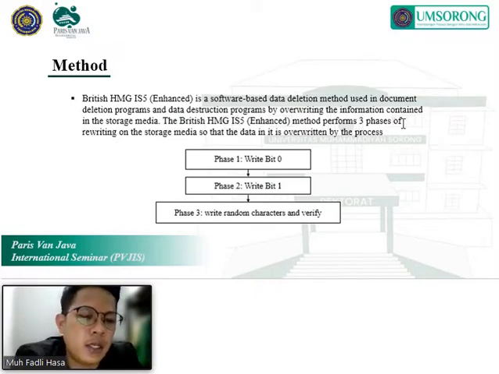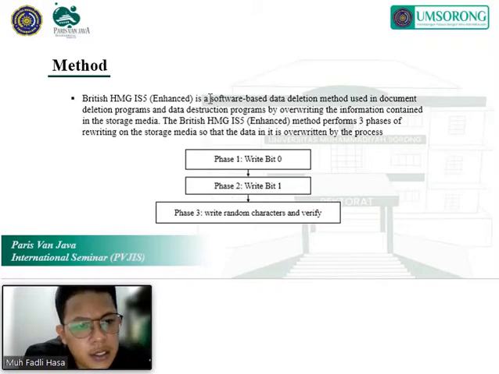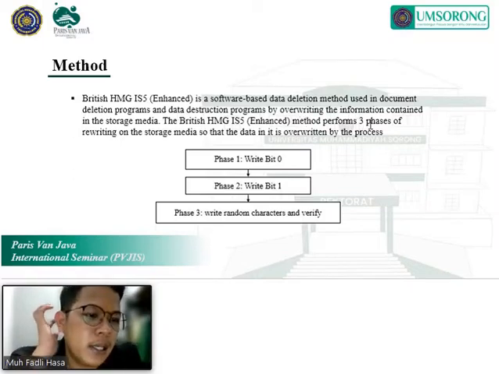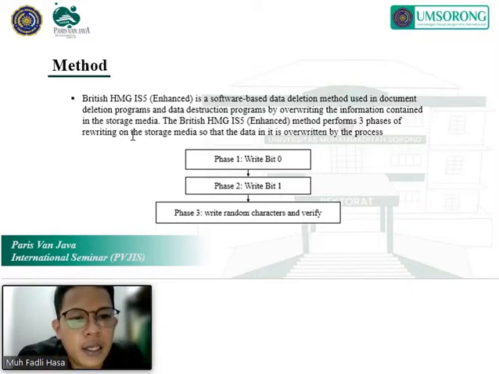The British HMG IS5 Enhanced method is a software-based data deletion method used in document deletion programs and data destruction programs by overwriting the information contained in the storage media.